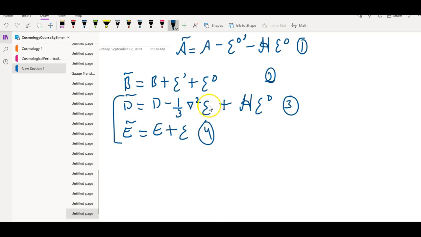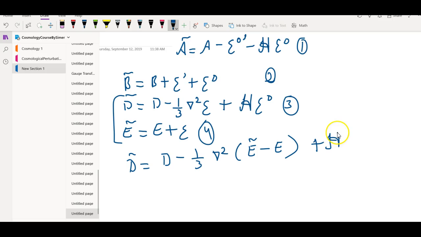When I eliminate xi from these two, what do I get? I get d tilde is equal to d minus 1 by 3 del square E tilde minus E plus H xi 0.